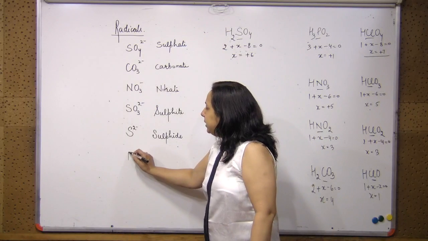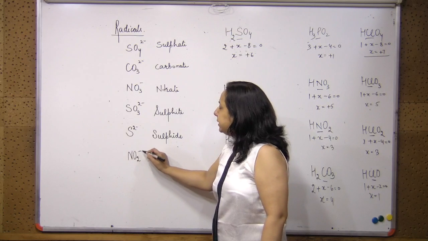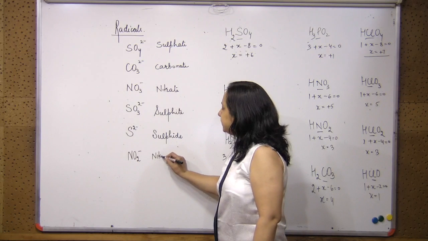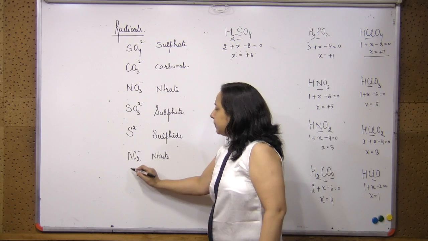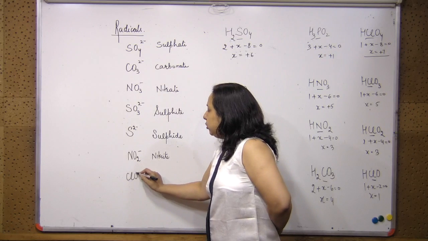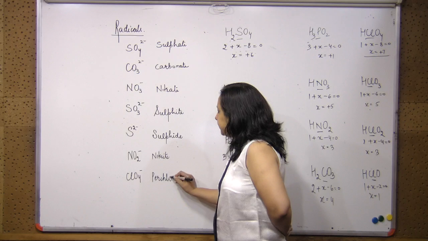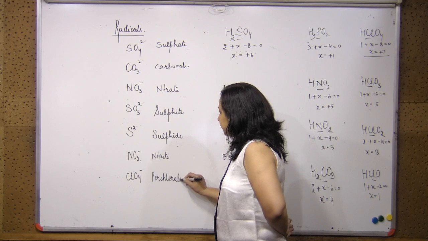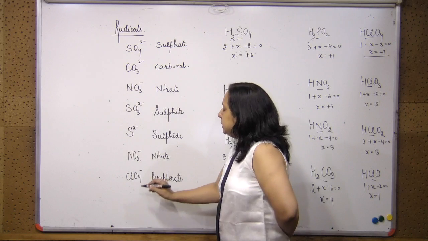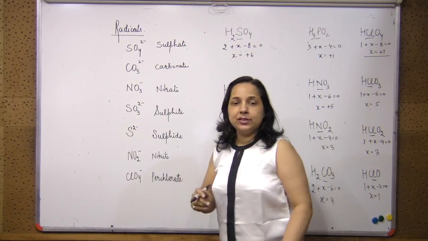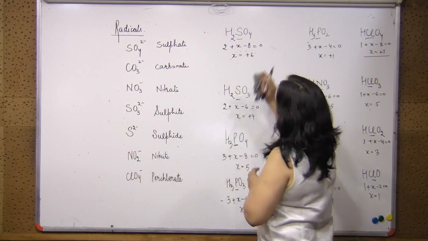Now NO2 1 negative is called nitrite. ClO4 1 negative is called perchlorate. ClO3 negative is called chlorate.